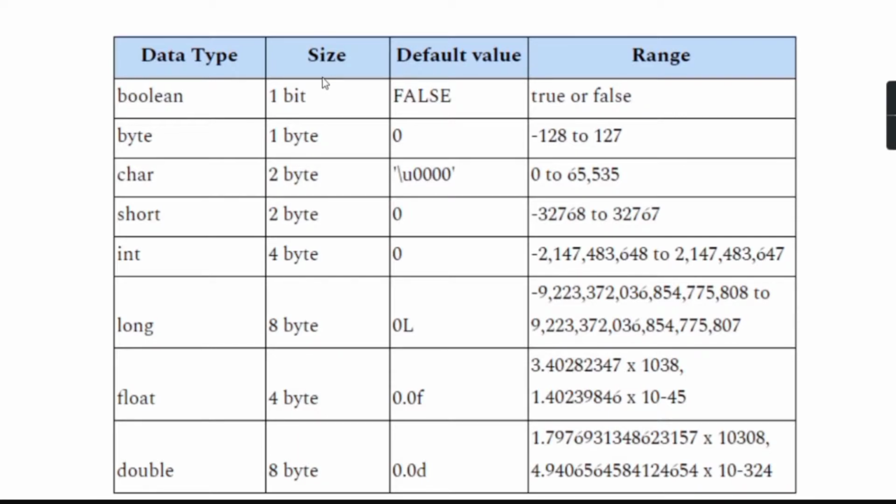Range refers to what range of data you can store. For example, boolean can store only true or false, and byte can store just minus 128 to 127. And if you see char, it is 0 to 65,535. So char means ABCD, so why are we even seeing the numbers?